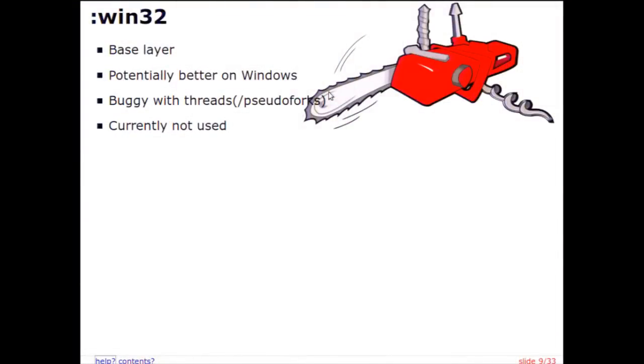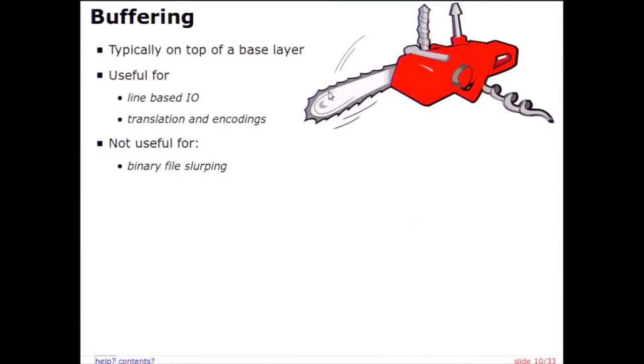I'm hoping to get this fixed with some help, because it could be nice to have, but no one's using this. And then we get the buffering layer. The :perlio layer is really, really poorly named, because if you see :perlio, you would never ever guess what the hell it does, right?